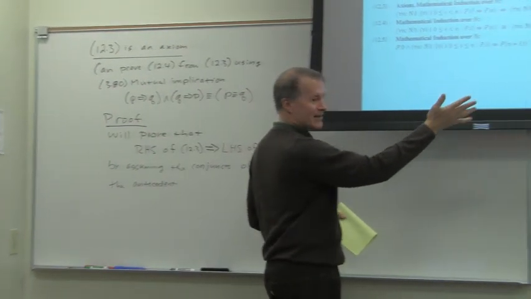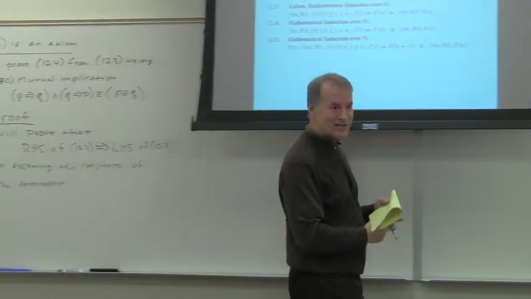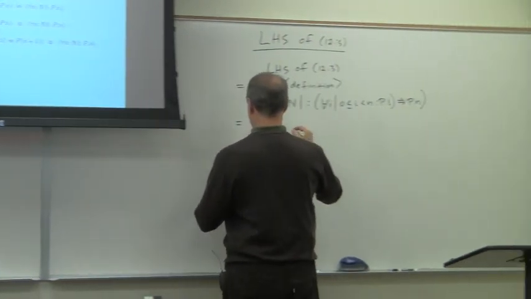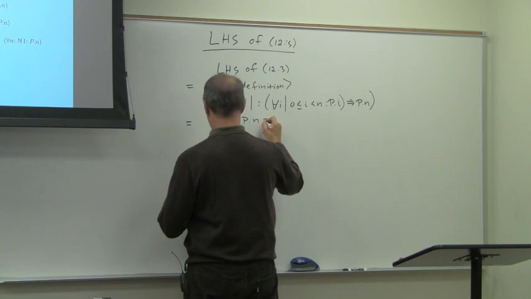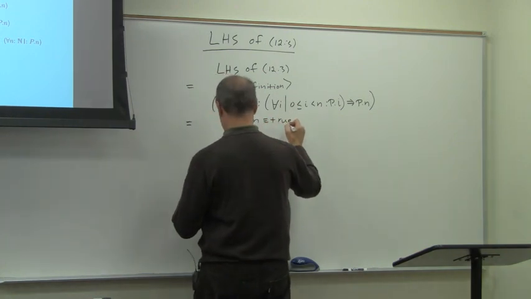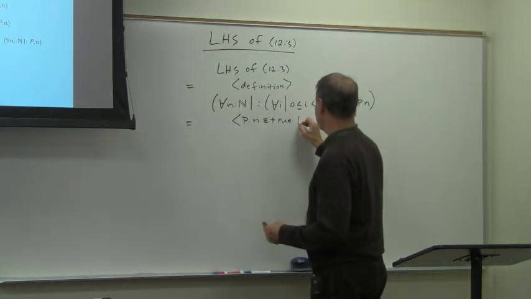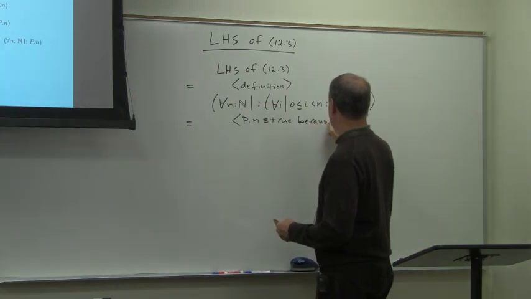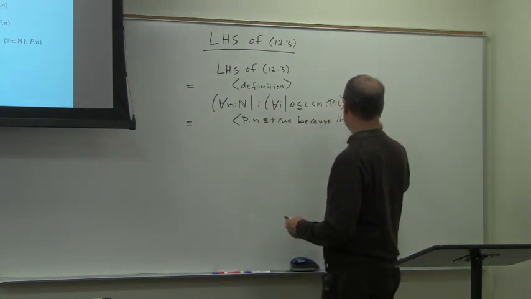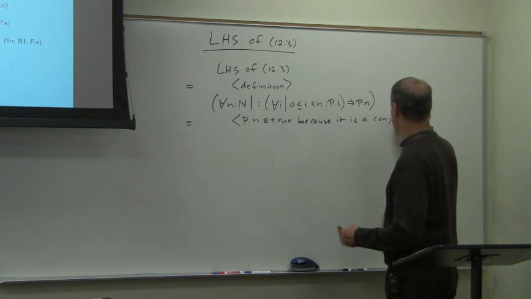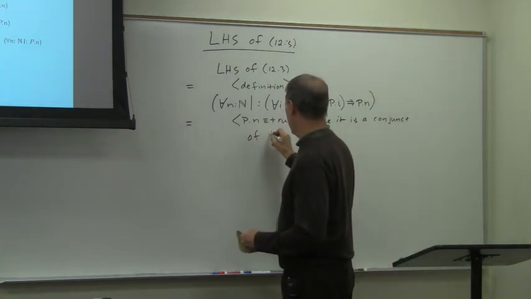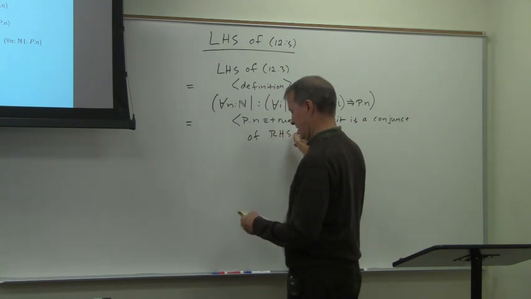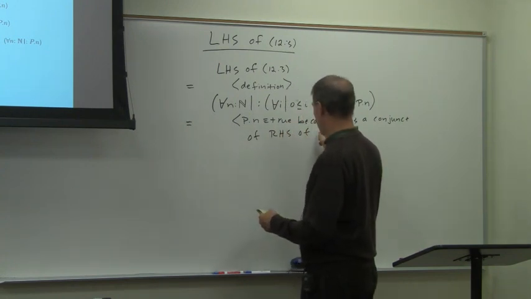It's for all n, p.n. So one of the conjuncts is p.n, which equals true because it is a conjunct of the right-hand side of 12.3.